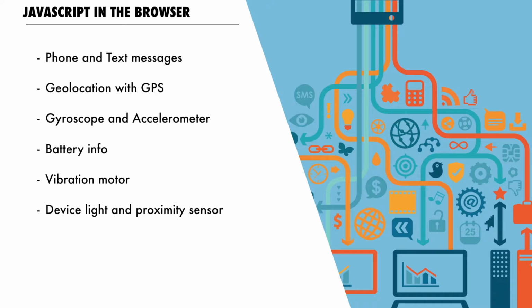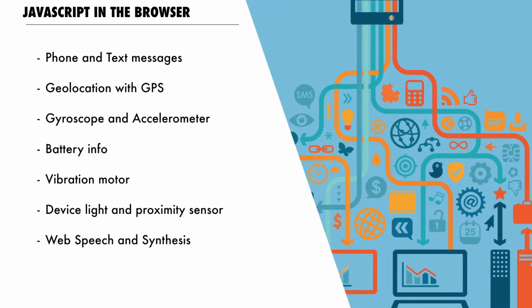The proximity sensor is used to switch the screen off. So for example, when you start a phone conversation and put the device up to your ear, certain sensors and the touch screen are switched off, and that's determined by the proximity sensor. So again, you can use these in your website.